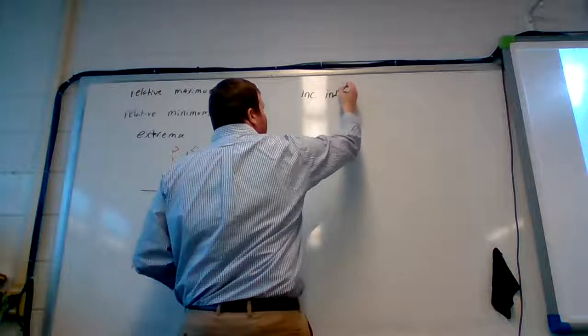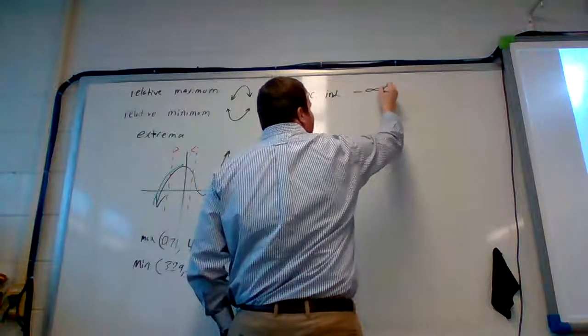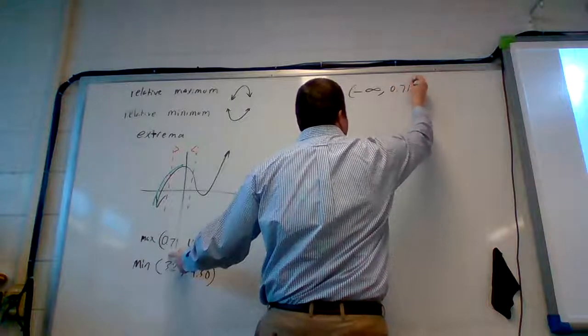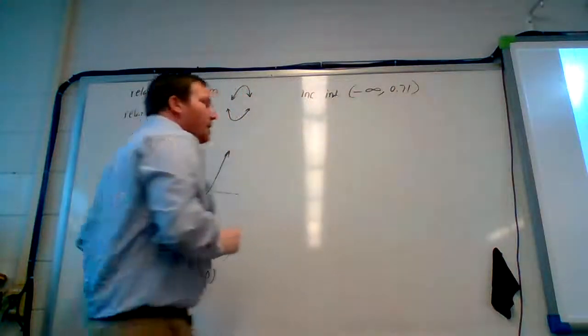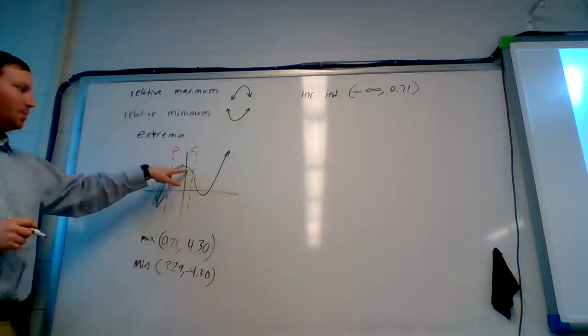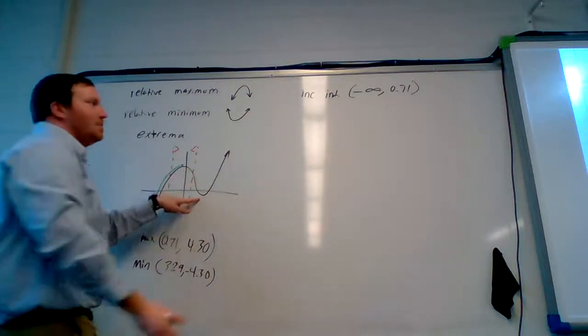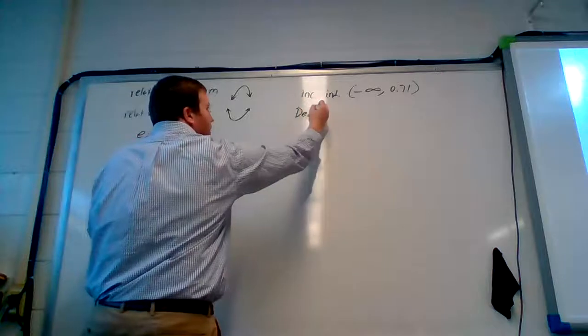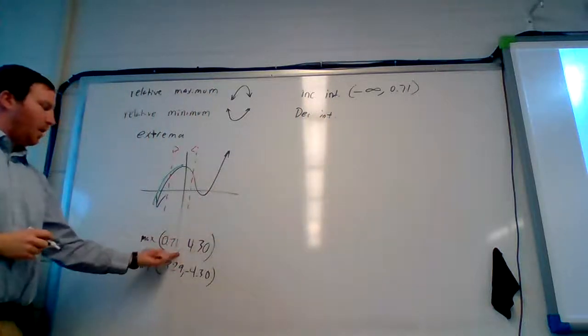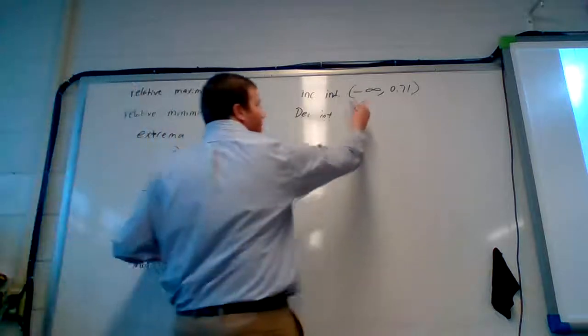So our increasing interval is from negative infinity up to the point of 0.71. And then from that maximum, we start decreasing from our high point of 0.71.